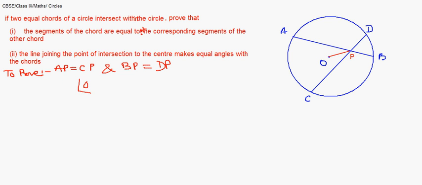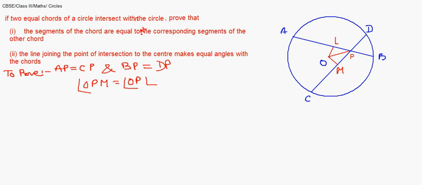OP. I also have to then drop a perpendicular from this O to the chord CD as well as to the chord AB, and then we name them as L and M as well. Then we can write angle OPM to be proved equal to angle OPL as well.